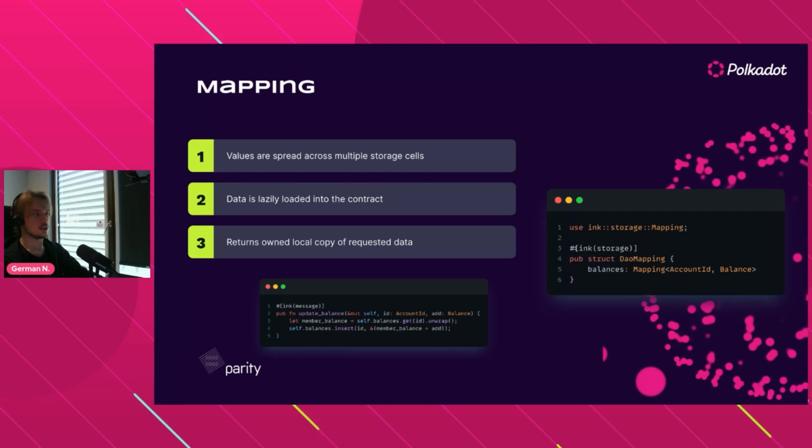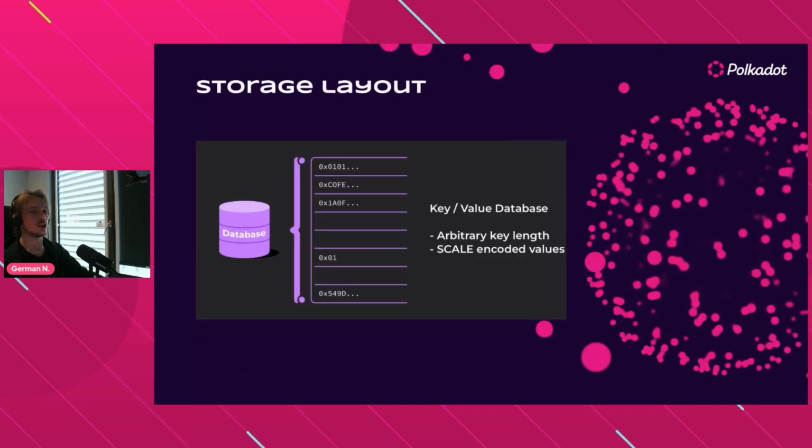So moving on from that, we're going to talk about storage layout. And before we talk about storage layouts, we need to discuss how data is generally stored in blockchain. The blockchain data is stored in the form of a tree with the keys and the values stored behind the keys.